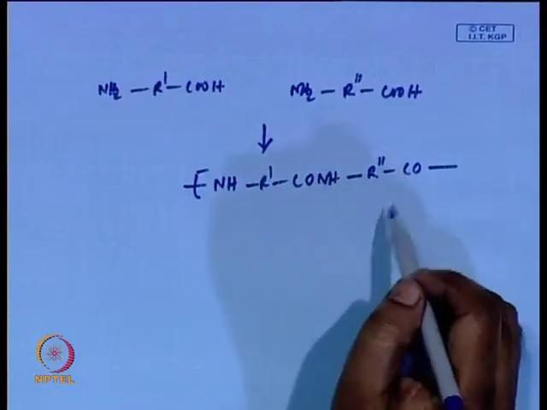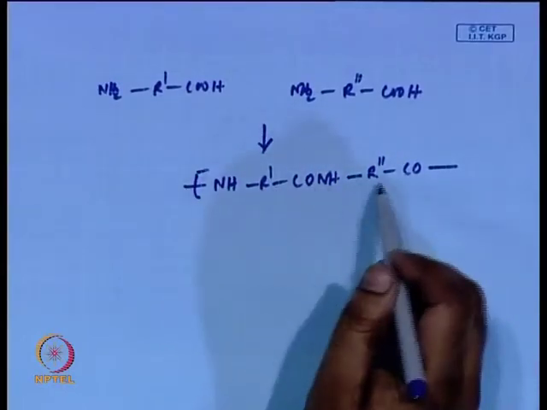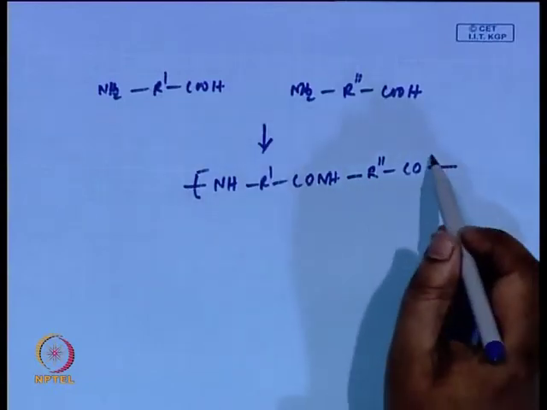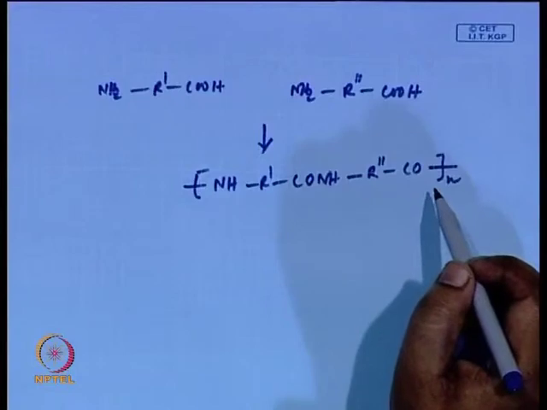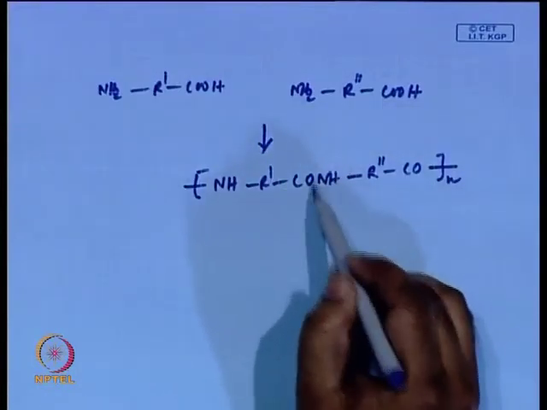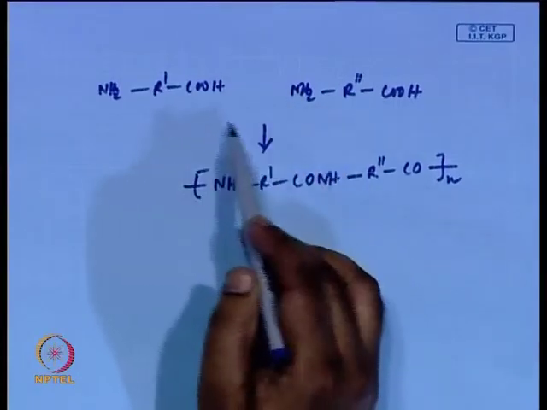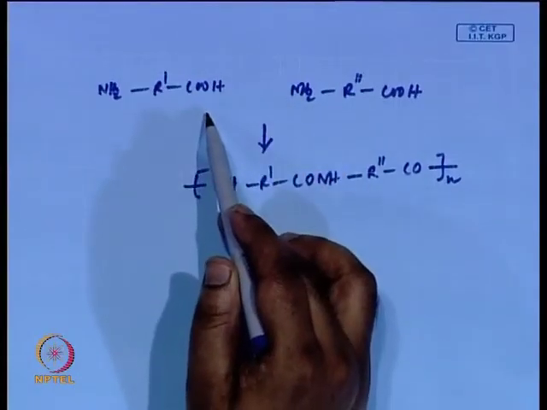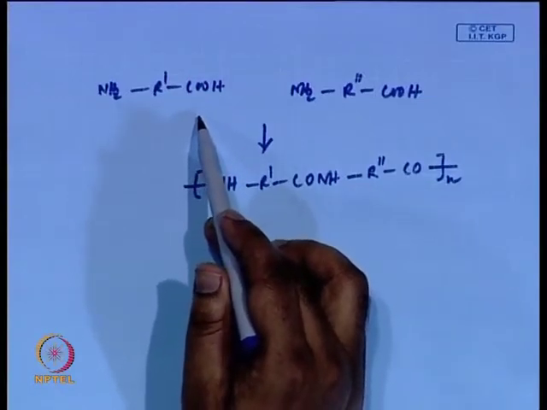Now, where do we put the bracket? Will they always be next to each other? Should I put the bracket here and put n like this? It may not be. It could be somewhere here and there could be another bracket here. So, this is one example of making copolymers in the step by step polymerization method.